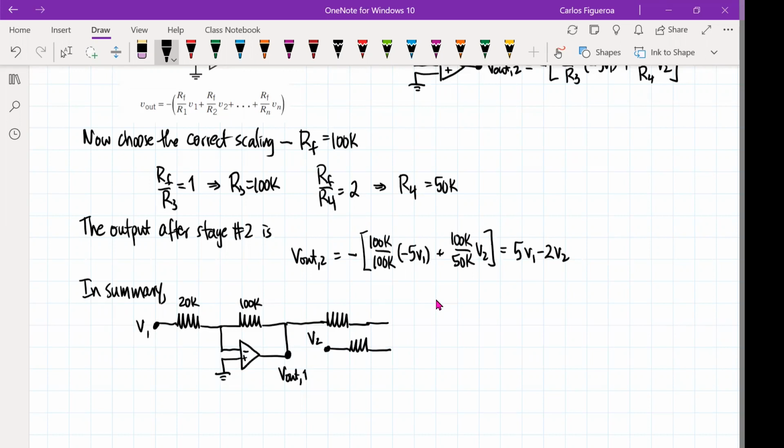And when I look at this, you can see that after this stage right here, I have a voltage of minus 5V1. So now I start my summing, then I start to sum these. And so here's my summing.